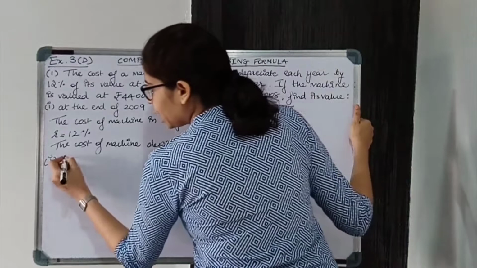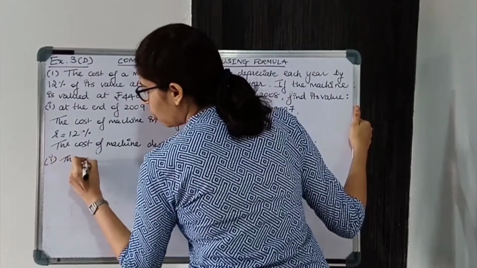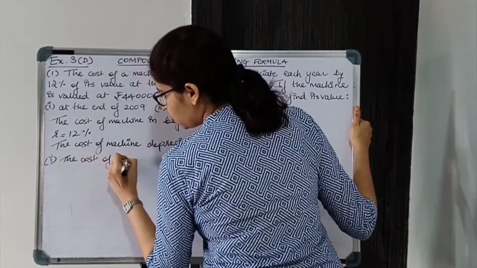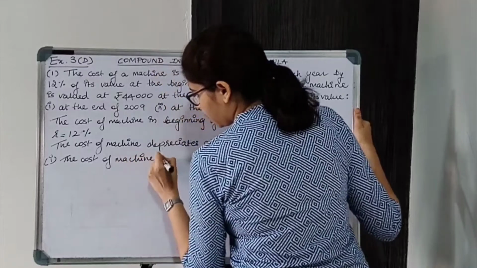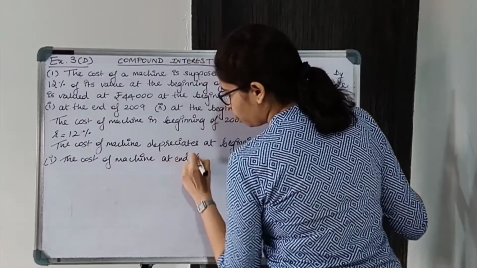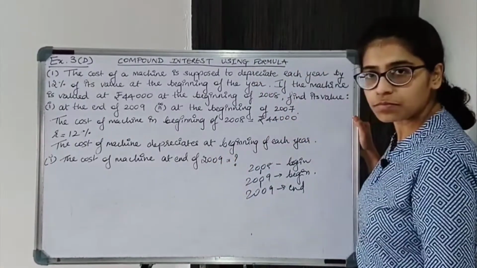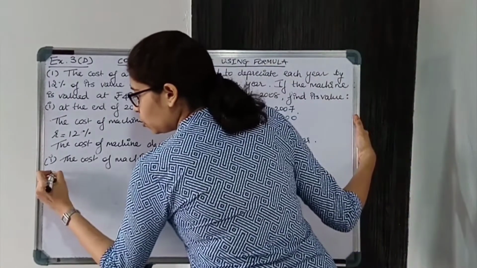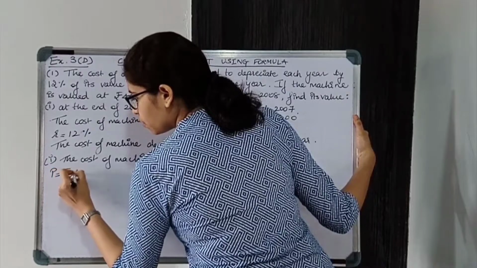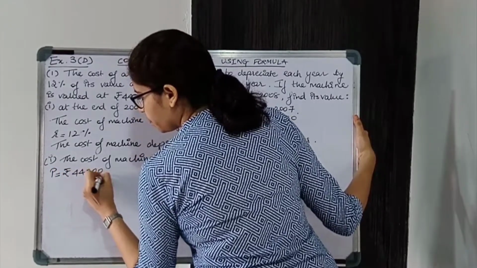So we have to find the cost of machine at the end of 2009. We know principal is 44,000.